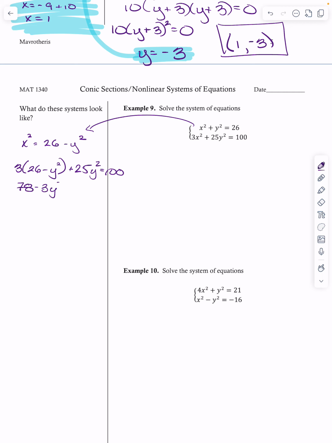Minus 3y squared plus 25y squared equals 100.